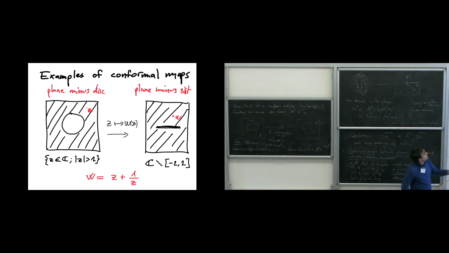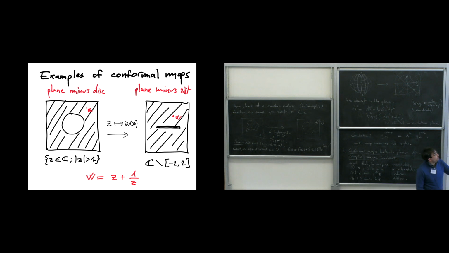It maps the complex plane minus the unit disk, so all the points with modulus larger than 1, to the complex plane minus a slit. Turns out for some applications, the complex plane minus a slit is much easier to use than the complex plane minus a disk, and we'll see some examples of this later.